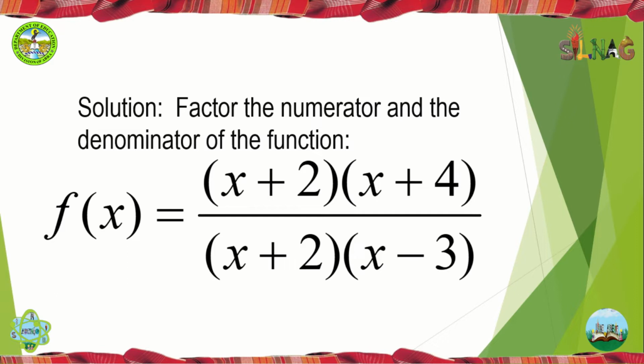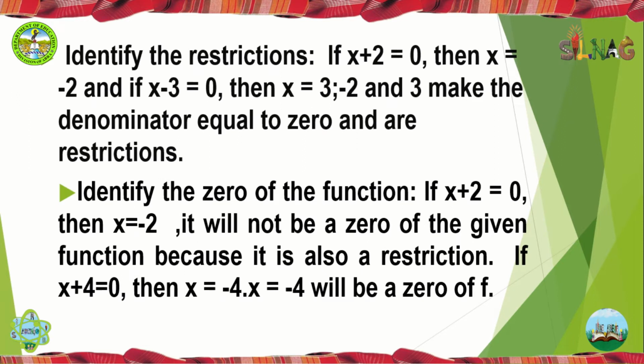So the factors of the numerator are the quantity of x plus 2 and the quantity of x plus 4. And then the factors of the denominator are the quantity of x plus 2 and the quantity of x minus 3.